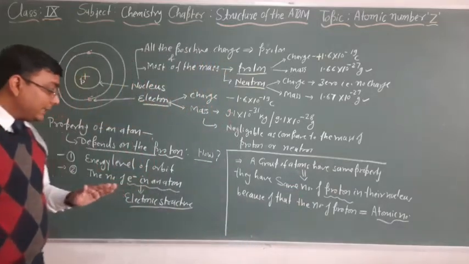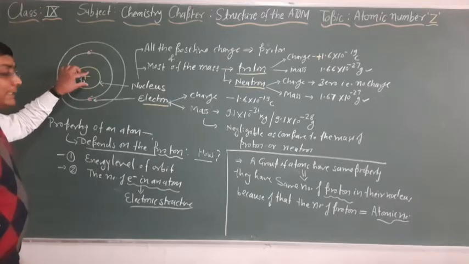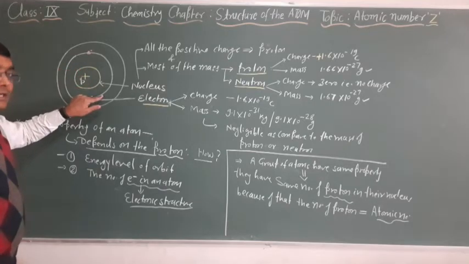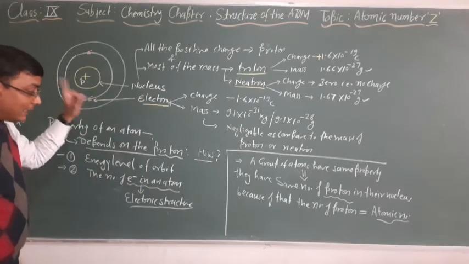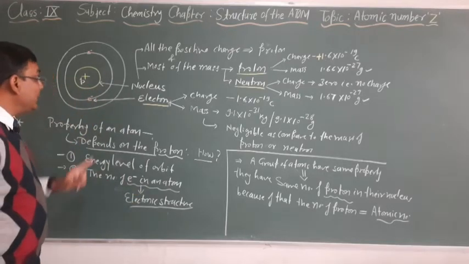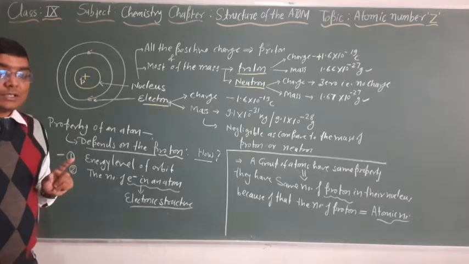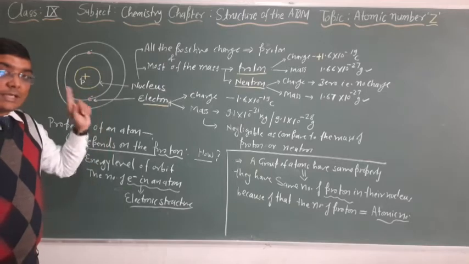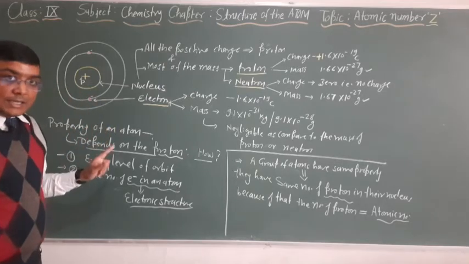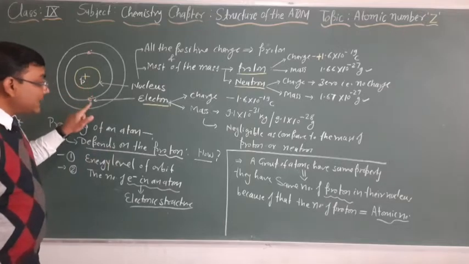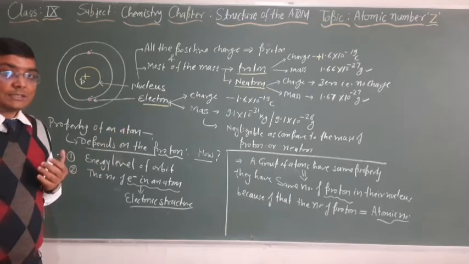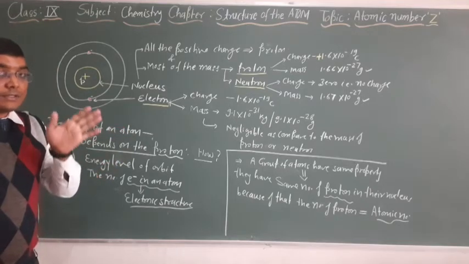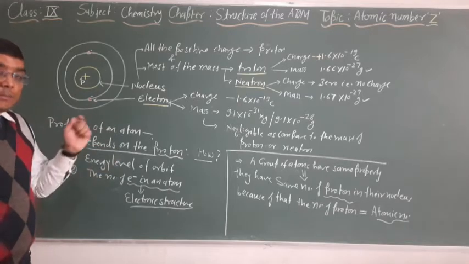Once again, the number of protons present in the nucleus is responsible for the energy level, and the energy level is responsible for the number of electrons present in it, which is called the electronic structure. In this way, the number of protons is responsible for the chemical or physical properties of an atom, because the number of protons decides the electronic structure, and those electrons, when they take part in chemical reactions, decide the property of the particular atom.